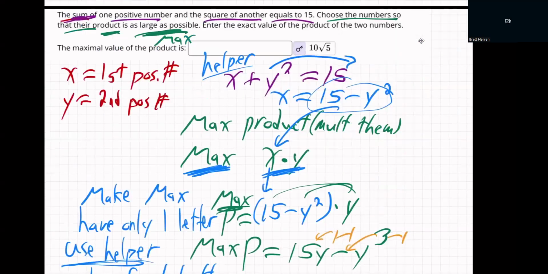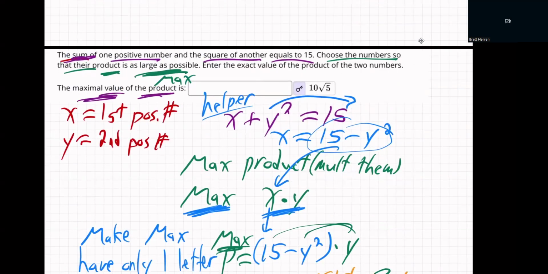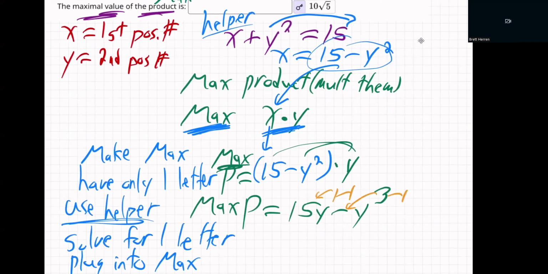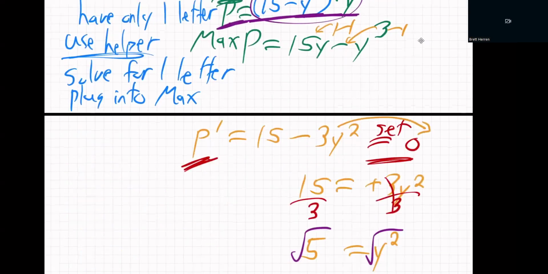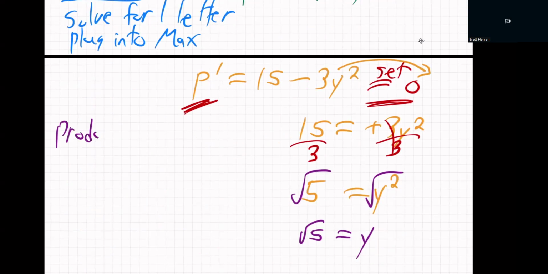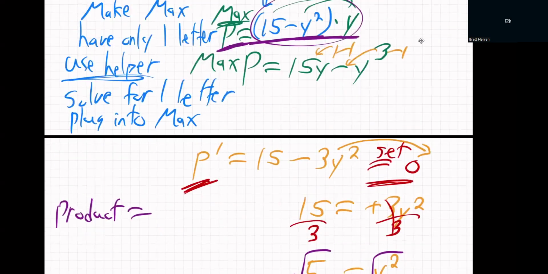Now, we're not done because they didn't ask for y. They said the maximum value of the product. Well, what's the product? P stands for product, right, is this. So the max product is 15y minus y cubed.